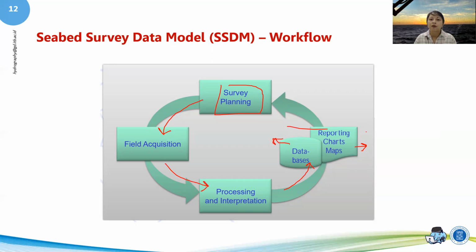And then from this, even from the reports and your database, you will know, okay, what else should I do with this area? Then you will go to your survey planning, and then you can go back to field acquisition and so on. So the workflow isn't actually from one place to another. It's not like a pyramid, or even like a line, but it's actually a circle. Okay, it's actually like a cycle of a workflow.